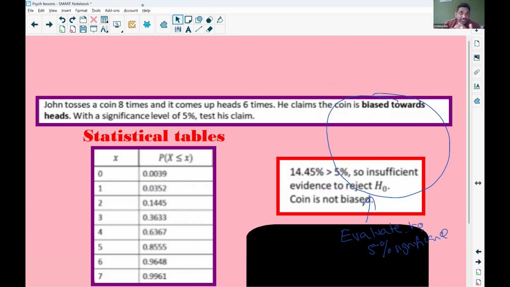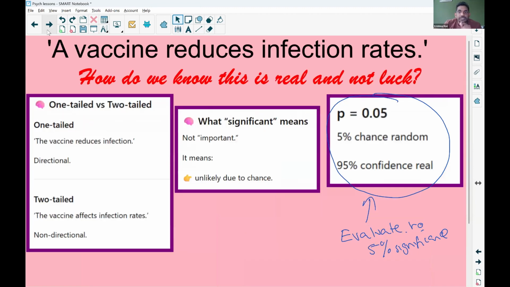Because we're doing it at 5%, we're trying to strengthen the argument a bit. We're trying to minimize error, and therefore there was insufficient evidence. So for psychology, we use a 5% significance level.